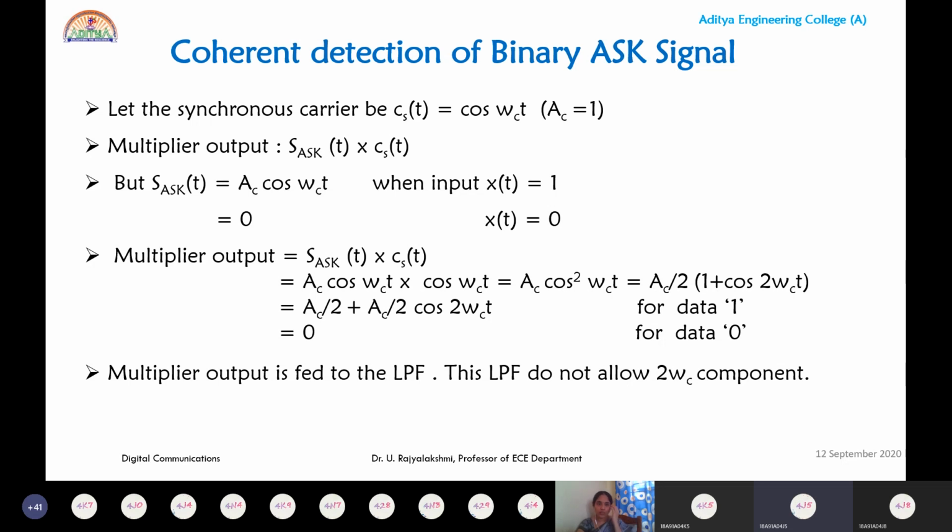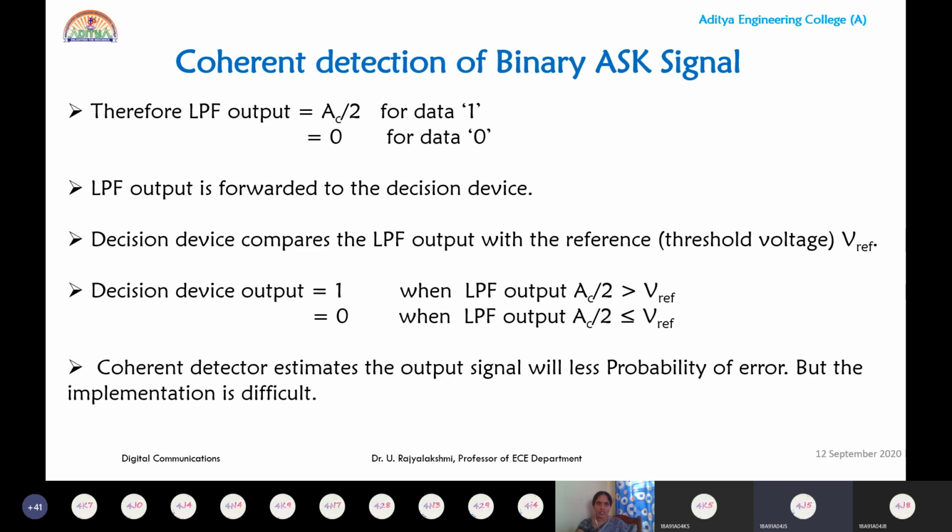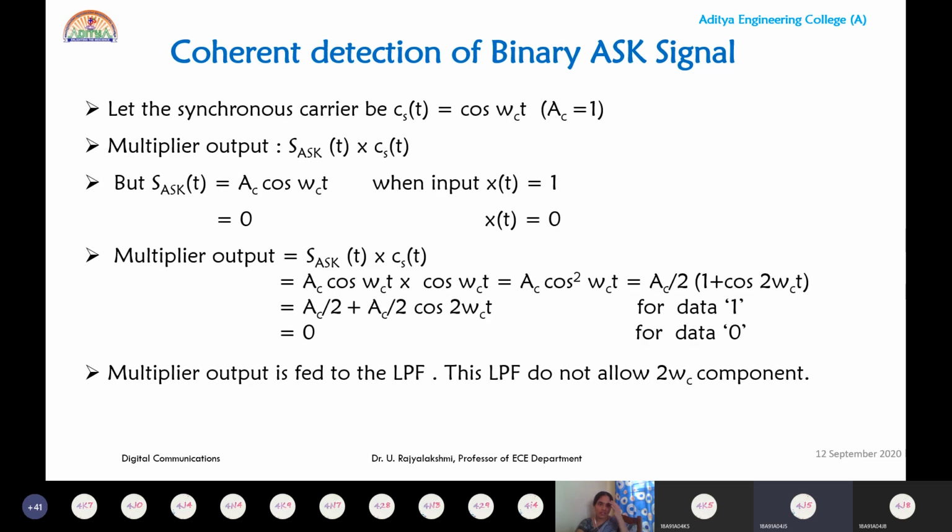Instead of cos omega ct, if you take AC cos omega ct as the synchronous carrier, then the multiplier output will be, considering CS of t as AC cos omega ct, AC square cos square omega ct, which is AC square by 2 plus AC square by 2 into cos 2 omega ct.